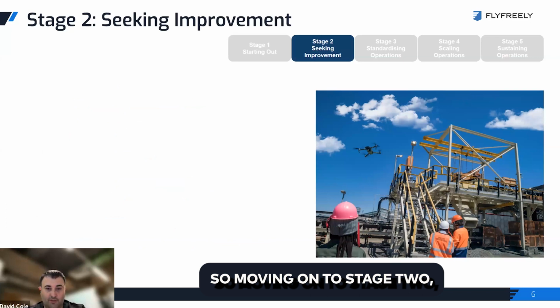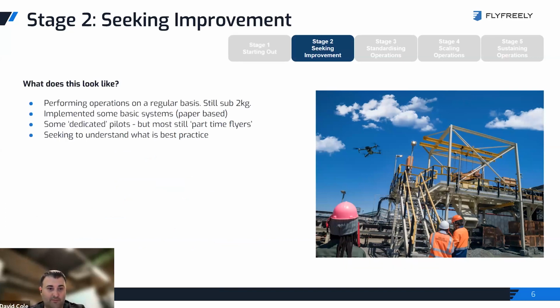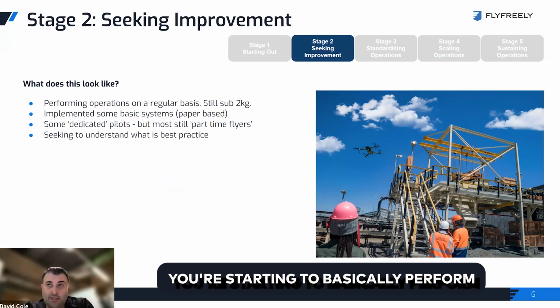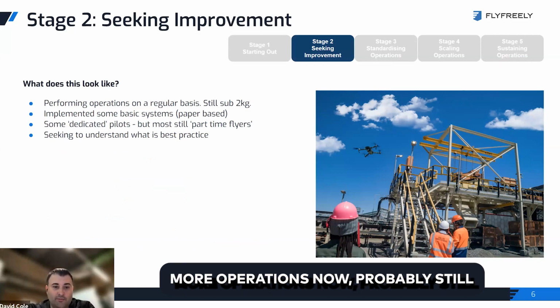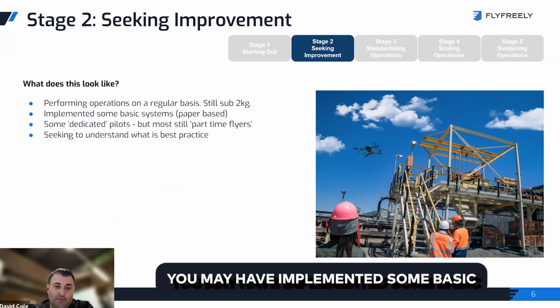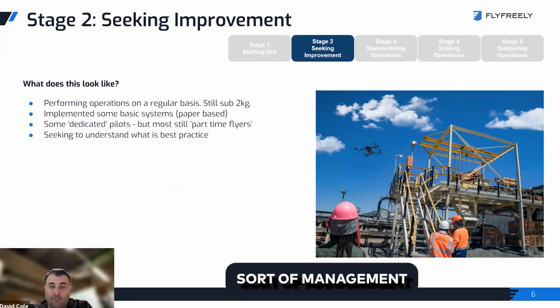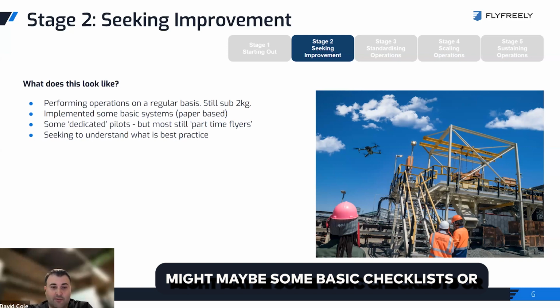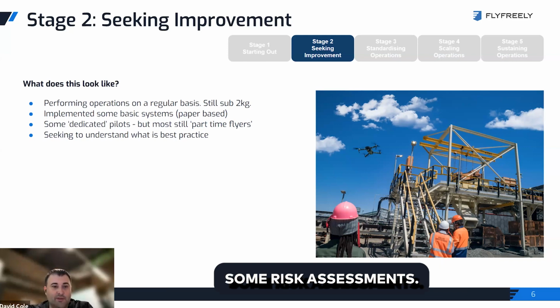So moving on to stage two, what does this typically look like? You're starting to basically perform more operations now, probably still smaller drones. You may have implemented some basic management control systems, typically paper-based, maybe some basic checklists or some risk assessments.